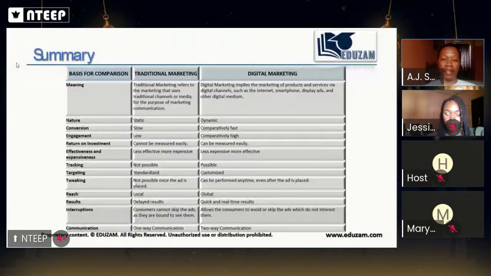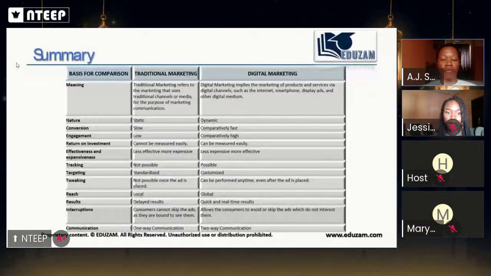But traditional marketing is one way. You can't turn it around. You can't manipulate it to fit into your strategy. And so the nature of the traditional way of marketing is static, and the nature of digital marketing is dynamic.